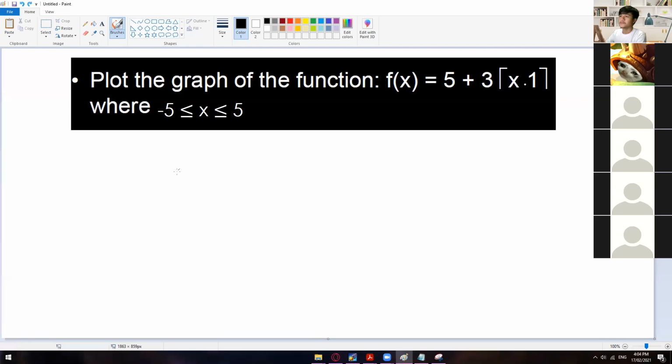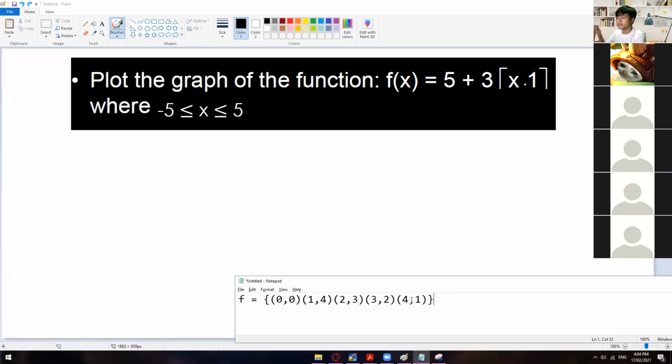First, I will list all of the ordered relations. It's kind of difficult in here, so we'll just use this notepad.